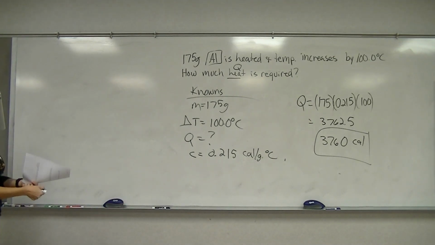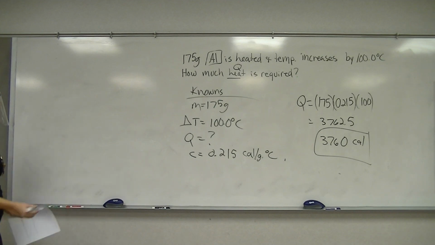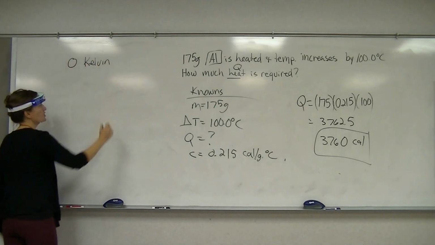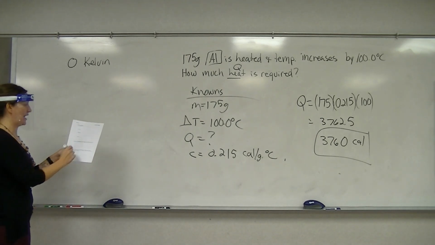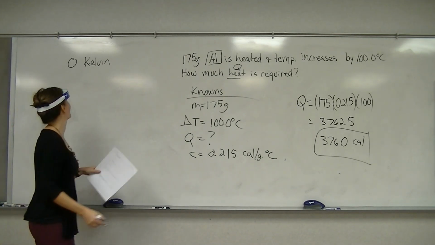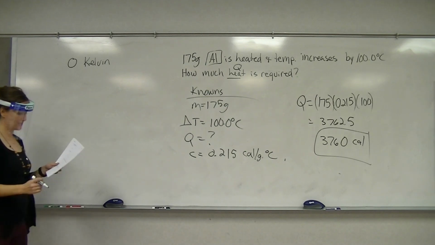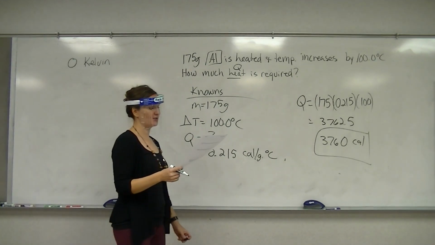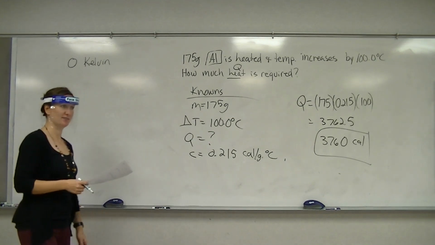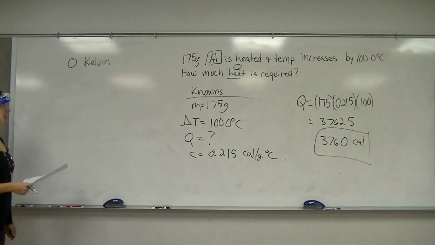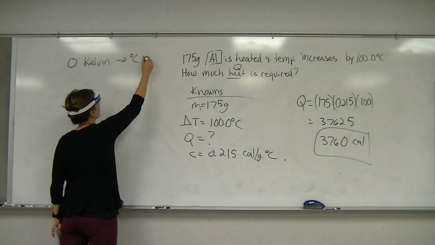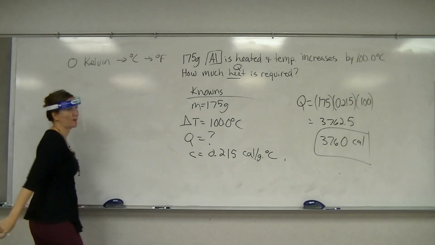I said that Kelvin was an absolute scale, and that 0 Kelvin was the lowest achievable temperature at which all atoms or molecules cease to move. So the answer would be 0K or 0 Kelvin. Notice it also says, give your answer in Fahrenheit, Celsius, and Kelvin. So what that means is we're going to take 0 Kelvin, and we're going to convert it to Celsius, and then we're going to convert it to Fahrenheit.